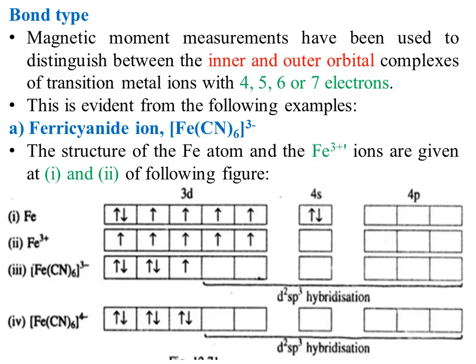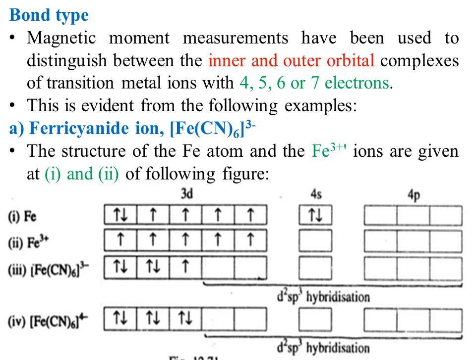Magnetic moment measurements have been used to distinguish between inner and outer orbital complexes of transition metal ions with electronic configuration having d4 to d7 electrons. So it means the possibility of inner and outer orbital complexes is only present in transition elements which have d4 to d7 electrons.